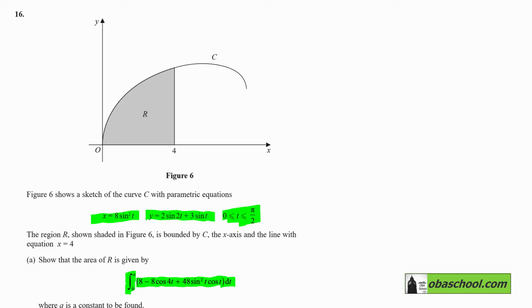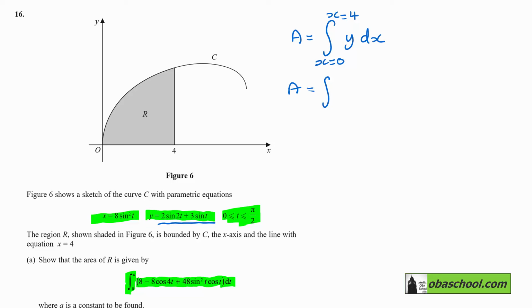So, we know that the area is the integral of y dx, in this case between x equal to 0 and x equal to 4. But we can replace y with 2 sine 2t plus 3 sine t.